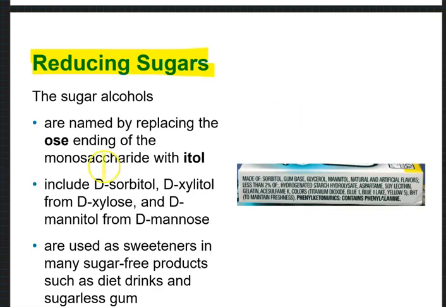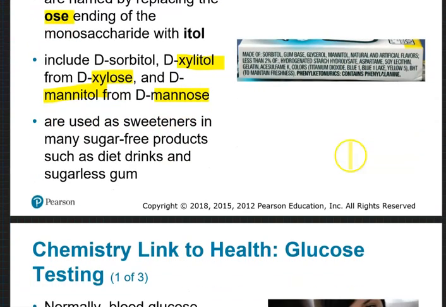So, naming: the -ose is replaced with -itol. For instance, xylose, when reduced, produces xylitol. Mannose, when reduced, produces mannitol. Okay?